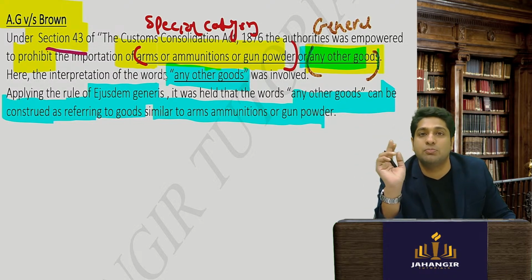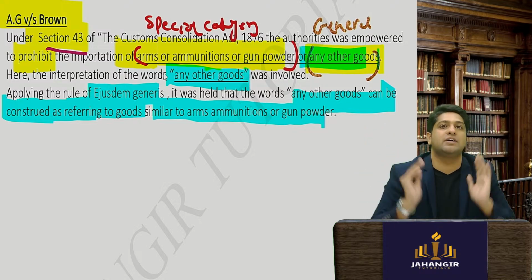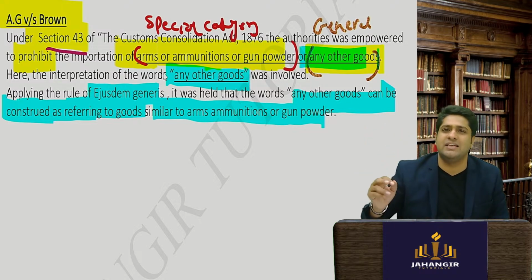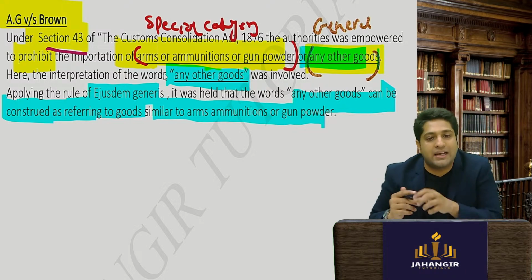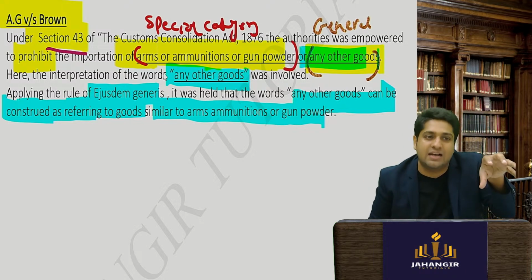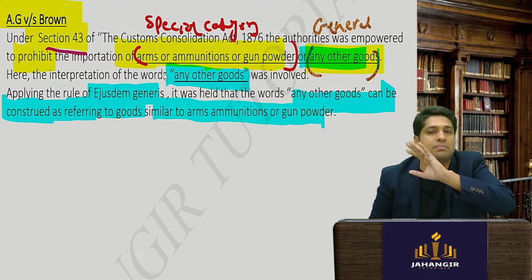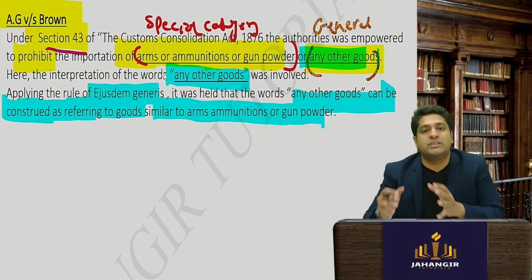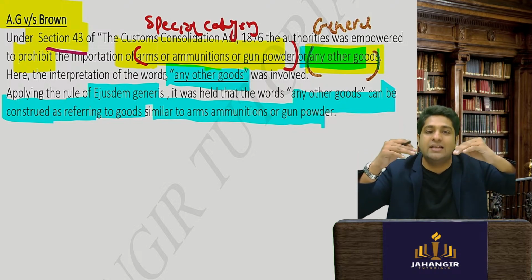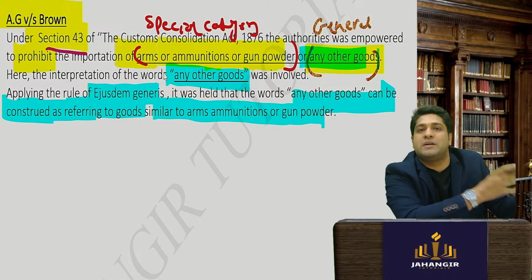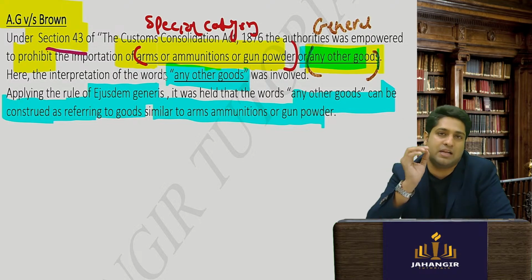So the interpretation of the words any other goods has come. Does any other goods mean anything else? They say no. Any other goods means goods of the same category as arms, ammunition and gunpowder. So any other goods really doesn't mean any other goods. It means any other goods connected with the special category goods, like your arms and ammunition.